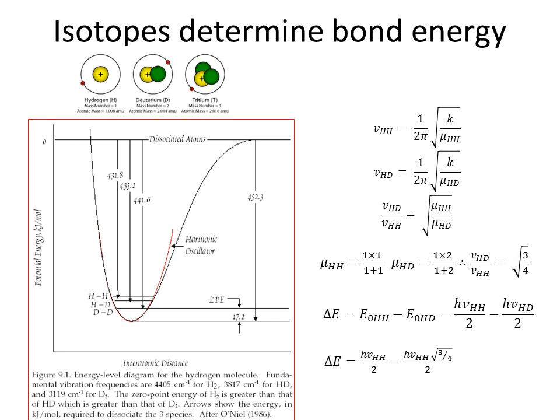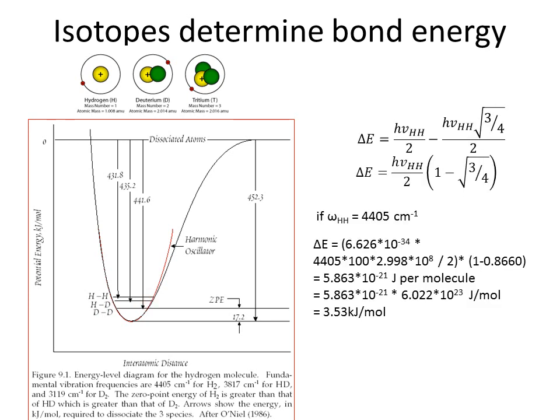So there is a difference in the vibrational frequency between the two molecules, and you can convert that into a change in energy. What we're working out here is the difference in energy between the ground state of hydrogen-hydrogen and the ground state of hydrogen-deuterium, and that is just due to the differences in the masses.